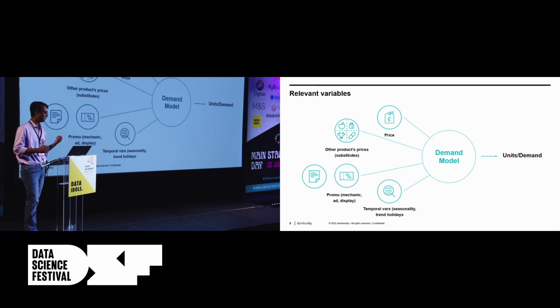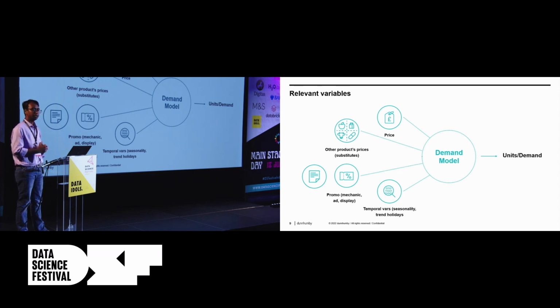So in our previous example, let's think of what happens if we reduce the price of brand B. If we reduce the price of brand B, it will not only help brand B to get more sales, but it will also probably steal some of the sales from brand A. Some of the brand A bread buyers might now find brand B bread more attractive, and they might just switch from brand A bread to brand B bread. So of course, the price of the own product and the price of similar products, which we call substitute products, are important.